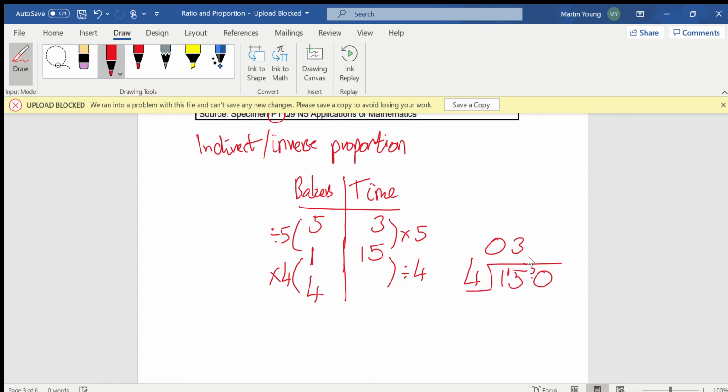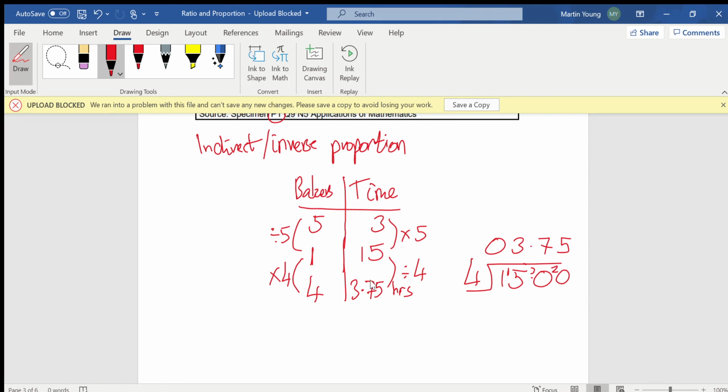I've got 3 left over. How many 4s can I fit into 30 now? I can fit 7. 4 times 7 is 28. So I'm left with 2. How many 4s can I fit into 20? The answer is 5. So it's 3.75, and it would be hours.